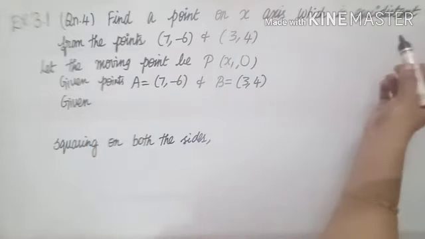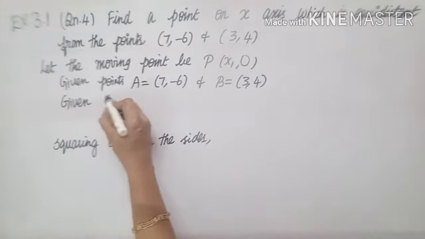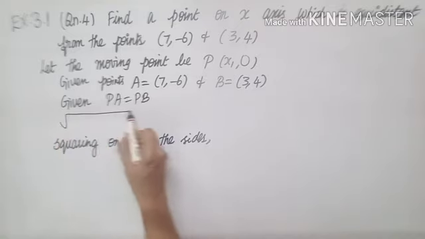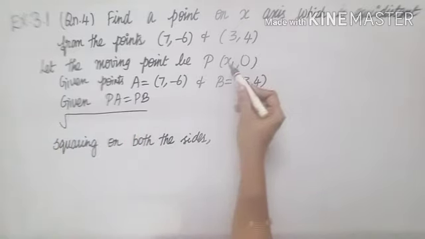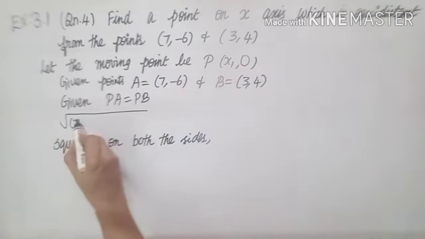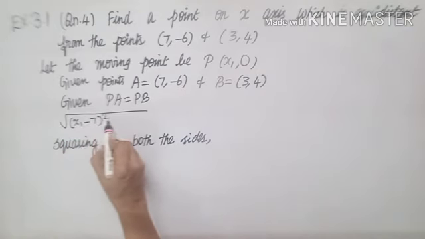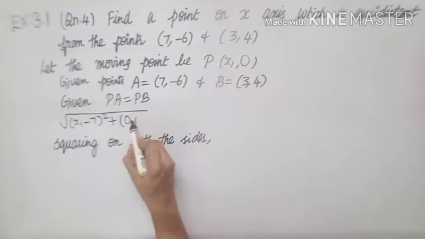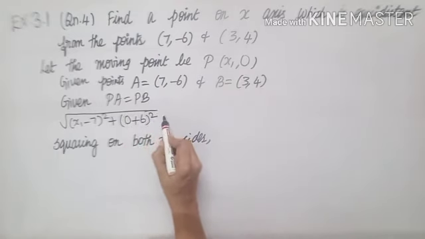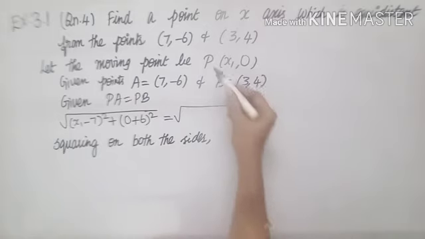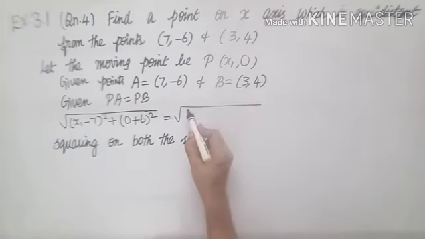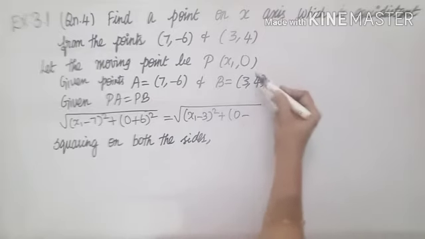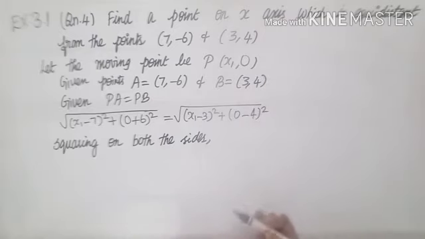The given points, call them A and B. Given equidistant, that is PA equal to PB. Root of PA, using the distance formula: (x1 minus 7) the whole square plus (0 minus of minus 6, which is plus 6) the whole square equals root of PB: (x1 minus 3) the whole square plus (0 minus 4) the whole square.